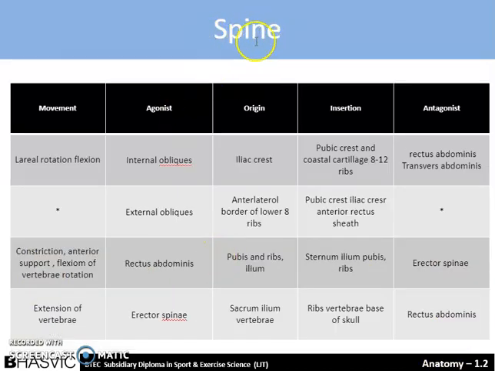Now at the spine, we go to the agonists, the internal obliques and external obliques. They can both move in lateral rotation, slight lateral rotation, and slight flexion. The origin of the internal obliques is the iliac crest, but the origin of the external obliques is the anterolateral border of the lower eight ribs.